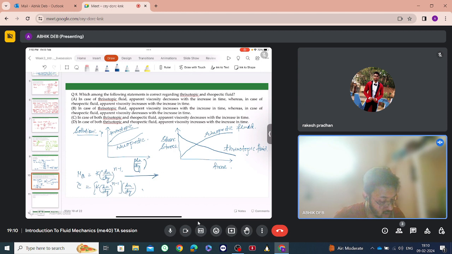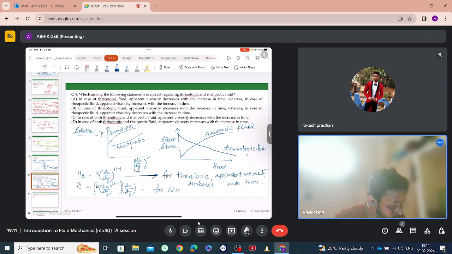That is, the apparent viscosity for thixotropic fluids decreases with time, and for rheopectic fluids the apparent viscosity increases with time.